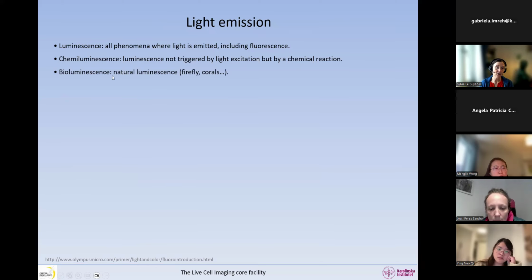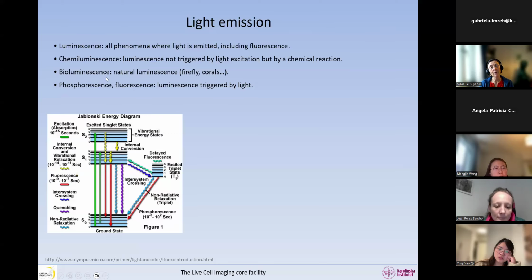Bioluminescence is natural luminescence. It's animals and plants and corals and such that shine light. Phosphorescence and fluorescence are luminescence triggered by light. Both are the same phenomenon, but phosphorescence goes slower because of a transition through the dark state.